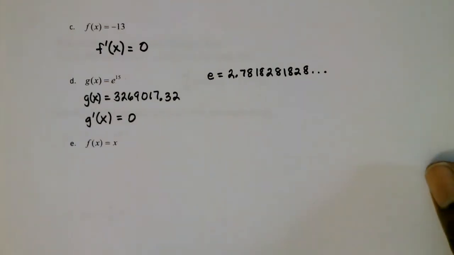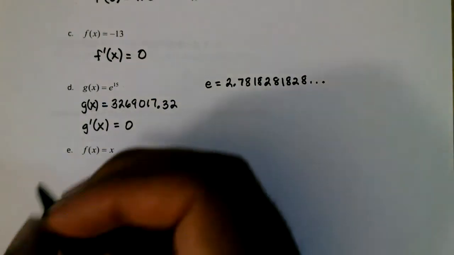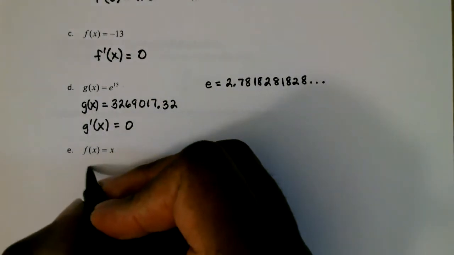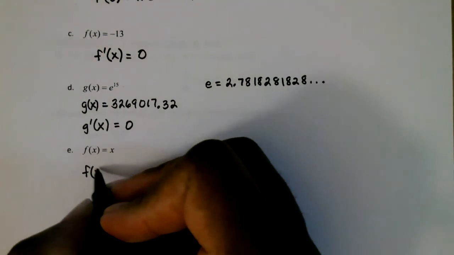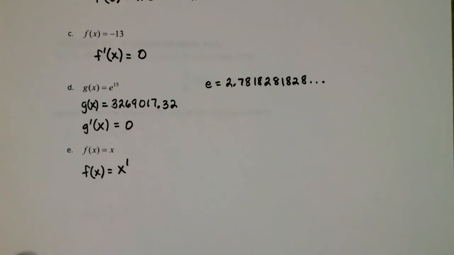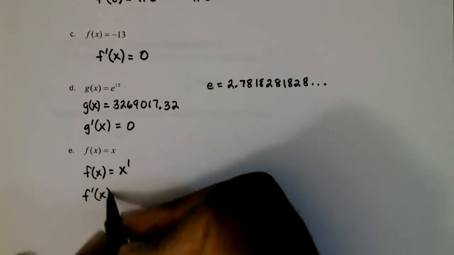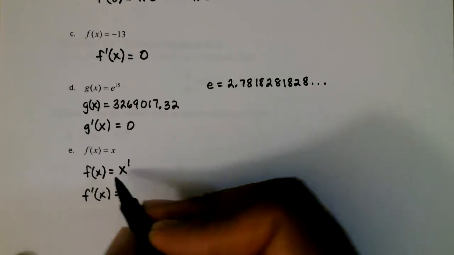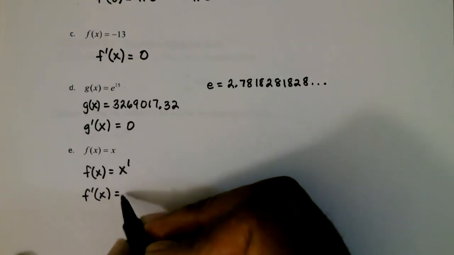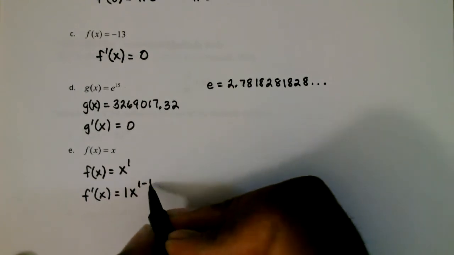Now let's look at this one, f of x equals x. And I want to find out what f prime of x is going to be. Okay. Now I'm going to write f of x as x to the first power. And then when we take the derivative of that, f prime of x, that's going to be this. We're going to bring down the exponent of 1, copy the variable over to the 1 less power.